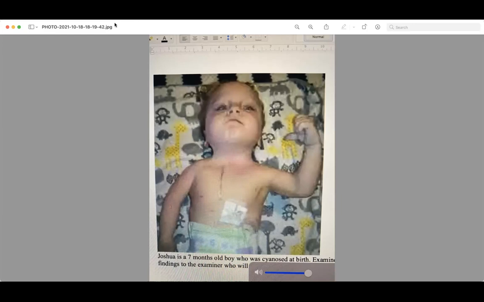The picture is not clear for me. I can see the scars, drain scars, and cyanosis. For me this is a depressed nasal bridge, high forehead, and smooth philtrum can be there, and low set ear. Otherwise, I cannot appreciate.